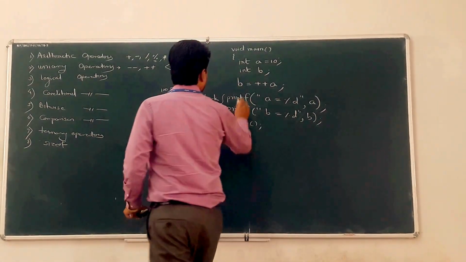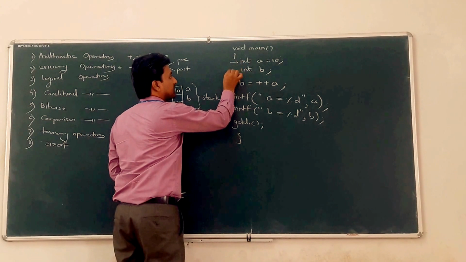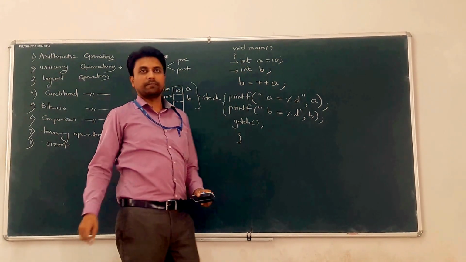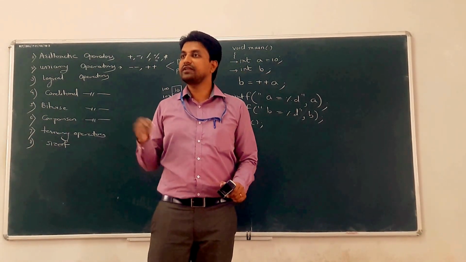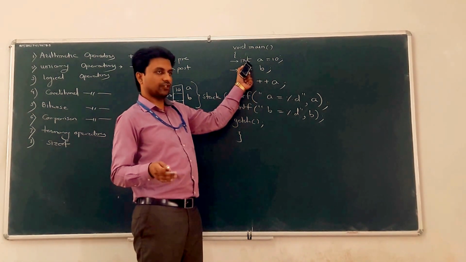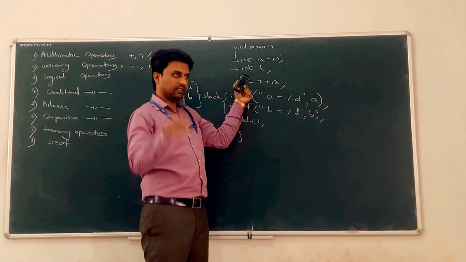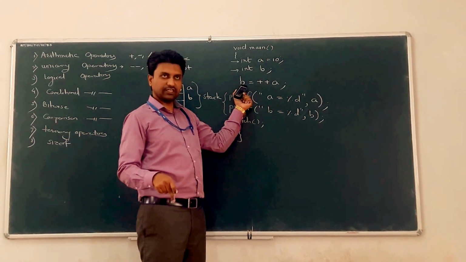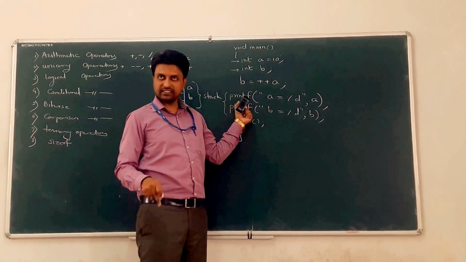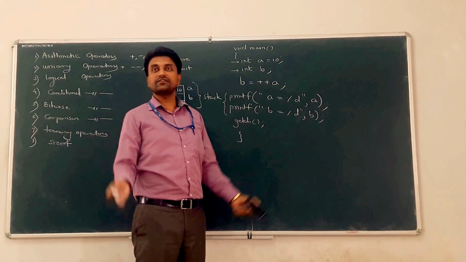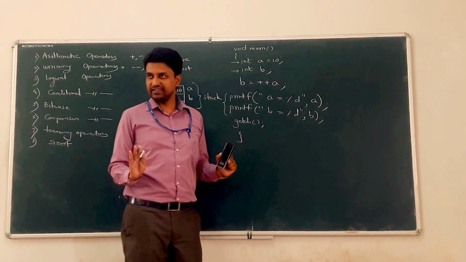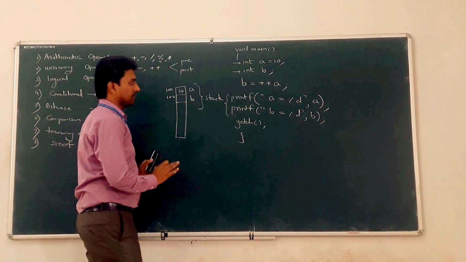Clear? So after compilation, F7 for debugging, the first line is executed. Then F7, the second line is executed. F7, the third line is executed. F7, the fourth line is executed. Now, what is the value? Expected value. It is somewhat different.